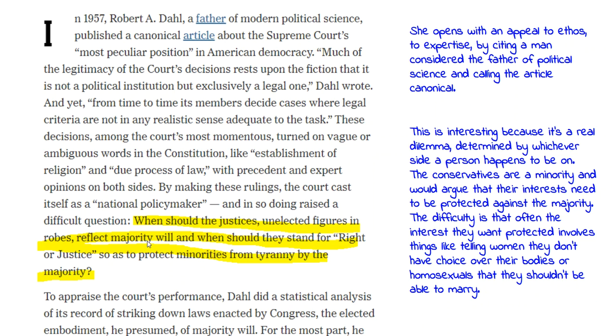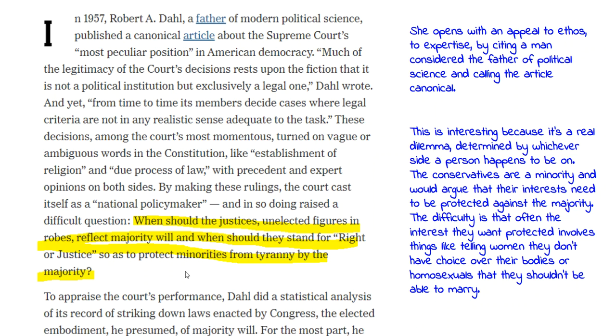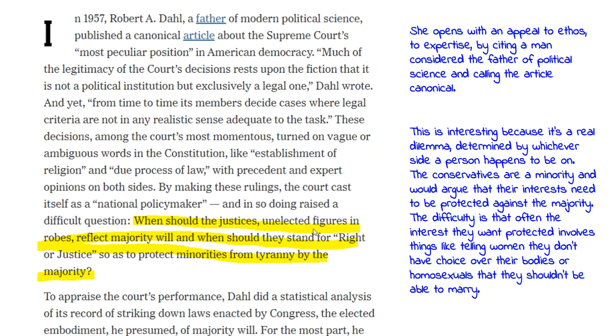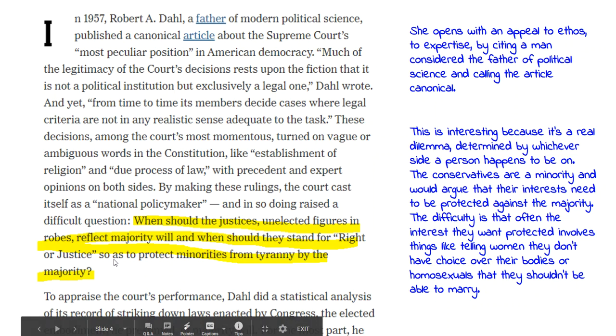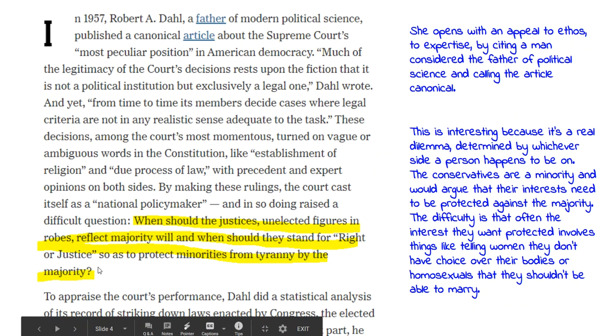And then she, I think, encapsulates a really important point. What is the role of the Supreme Court? When should the justices, who are unelected figures in robes, reflect the majority will? And when should they stand for right or justice so as to protect minorities from tyranny by the majority?